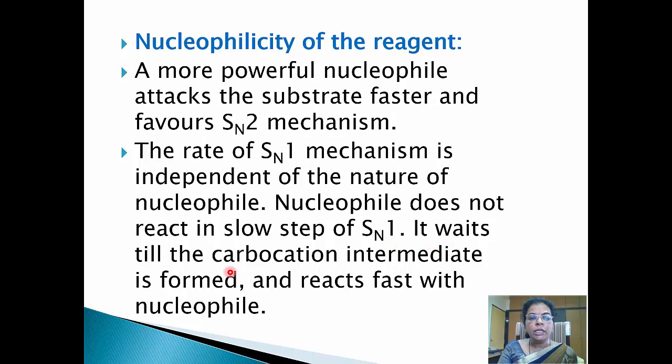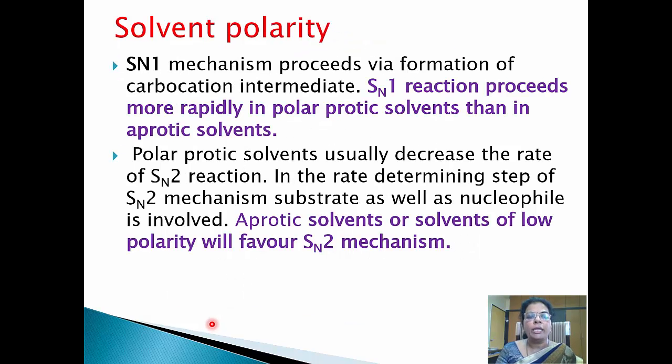It waits till the carbocation intermediate is formed and then reacts fast. Therefore, the rate of the SN1 reaction does not depend upon the concentration of nucleophile. But in case of the SN2 reaction mechanism, a powerful nucleophile attacks faster and favors the SN2 mechanism.